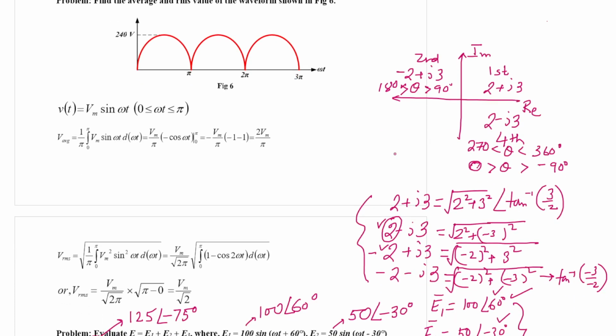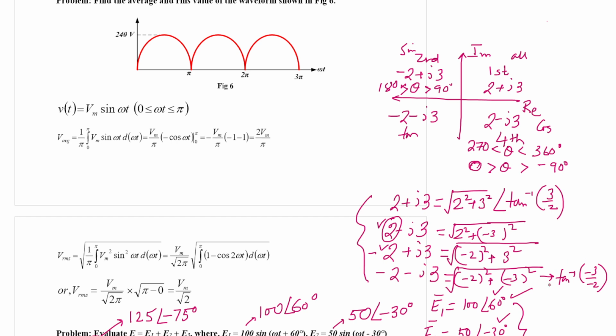And lastly, minus 2 minus j3 stays in the fourth quadrant, third quadrant, sorry, because the real and imaginary parts are all negative. So you know, in the first quadrant all are positive, in the second quadrant only sine terms are positive, in the third quadrant tan is positive, and in the fourth quadrant cos is positive.